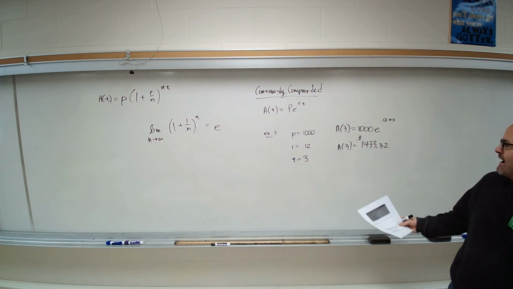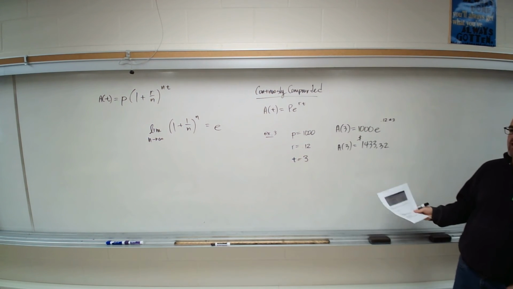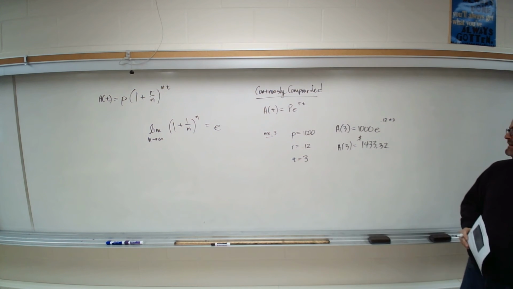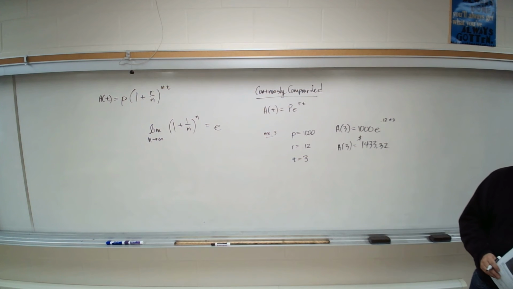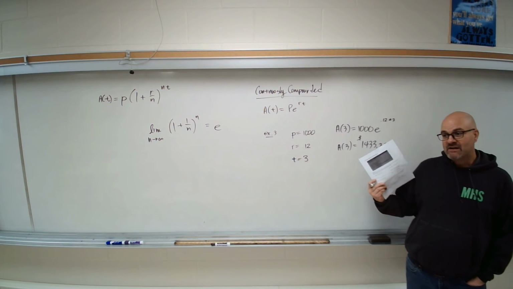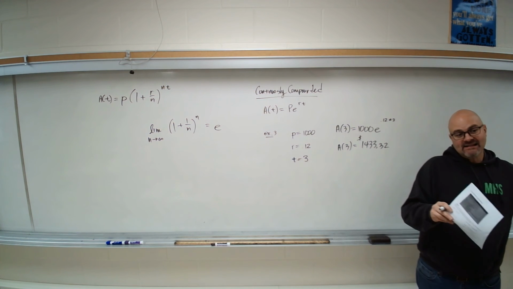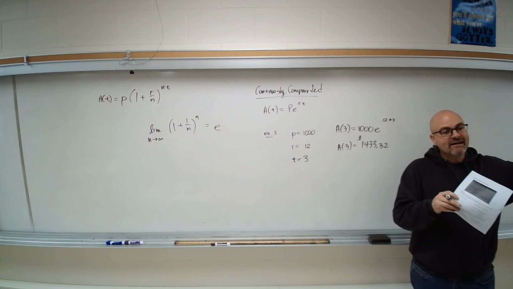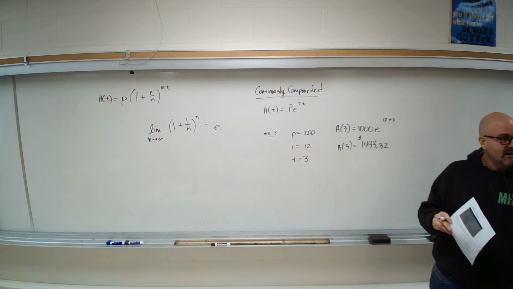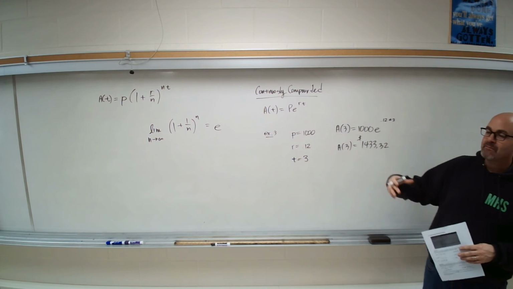Okay, we went ahead and evaluated this, truncated it, and we get that the amount is $1,433.32. That's the same we saw if it was compounded hourly, correct? But it's not going to be the same number. The decimal pieces are going to be different, right? But this is going to be continuously compounded.